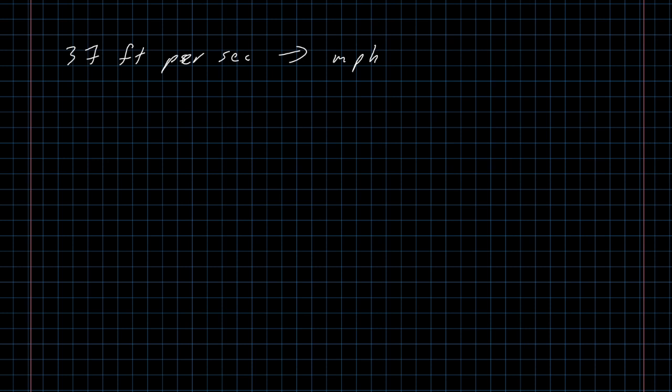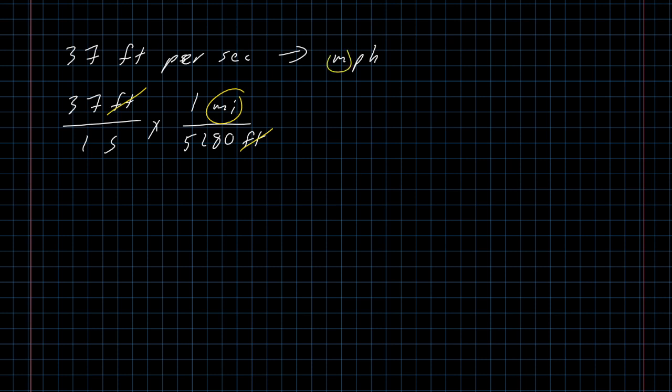Well, rewriting this, feet per second is feet divided by seconds, and then we can start multiplying in our conversion factors. I know that 1 mile is 5,280 feet. Setting it up that way, the feet will cancel each other out, leaving me with miles in the numerator, which I know I need for my miles per hour measurement.